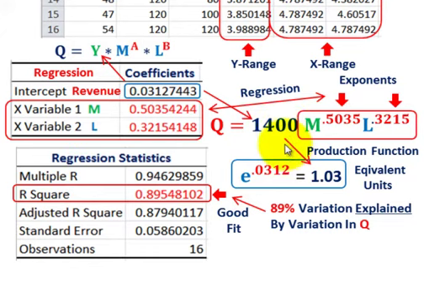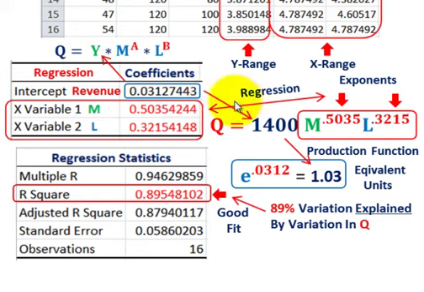In order to get these proper variable coefficients, I had to take this 1,400 and make it a unit of 1, or equivalent unit of 1, and I did that here. And it's shown here in the regression analysis.